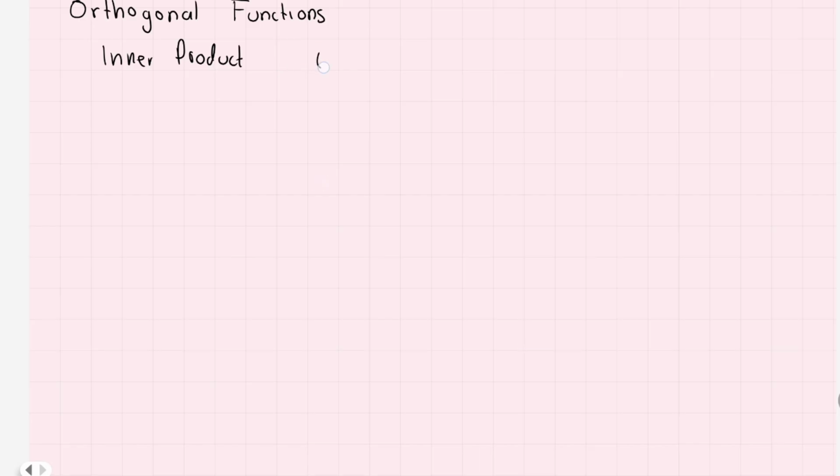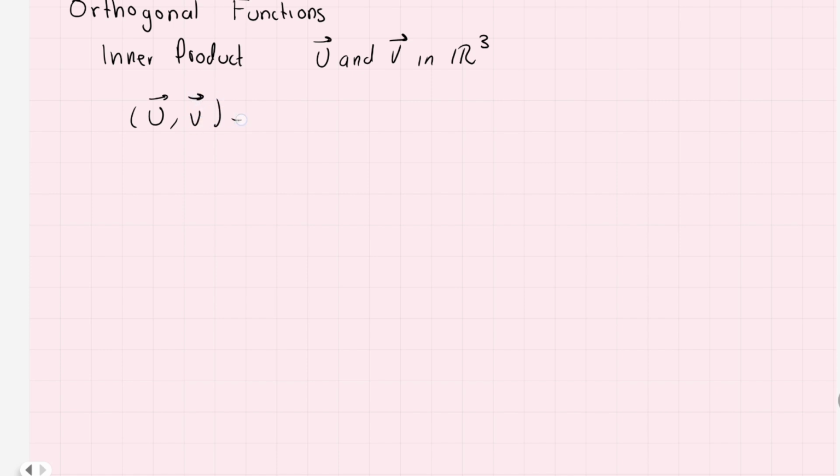If we have two vectors u and b in R3, the inner product, represented with this parenthesis between u and b, is going to be the same as the inner product between b and u. This is the first property.